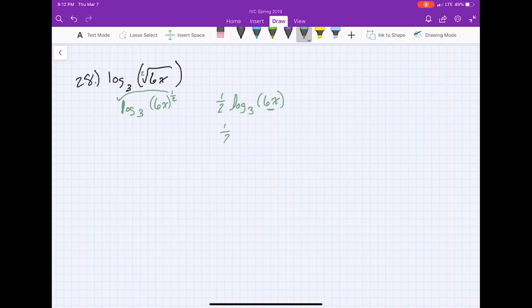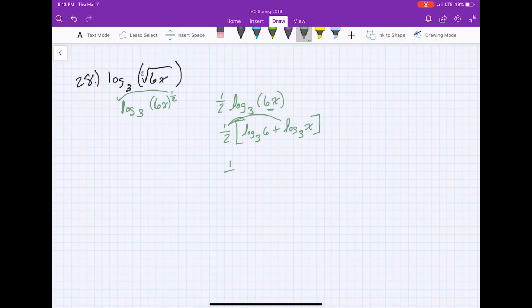So we have 1/2 times this quantity log sub 3 6 plus log sub 3 x. All right, so now we can distribute this 1/2 across to these two.